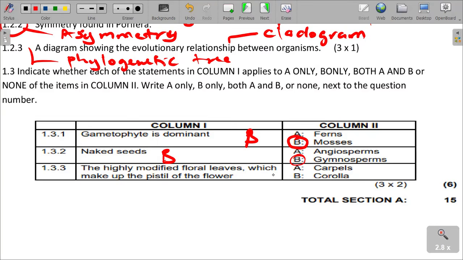And then the highly modified floral leaves which make up the pistil of the flower. The pistil of the flower is made up of the carpels, which is only B. So we need to note that these are the answers with reference to the question given here.